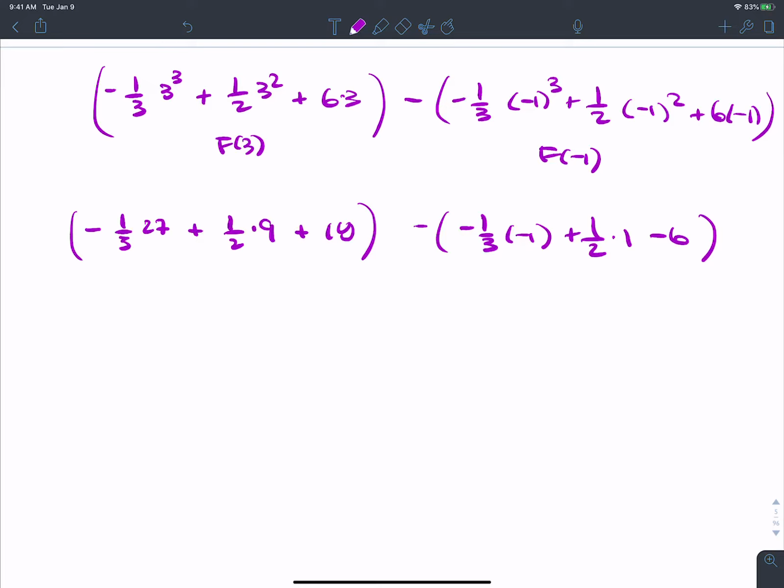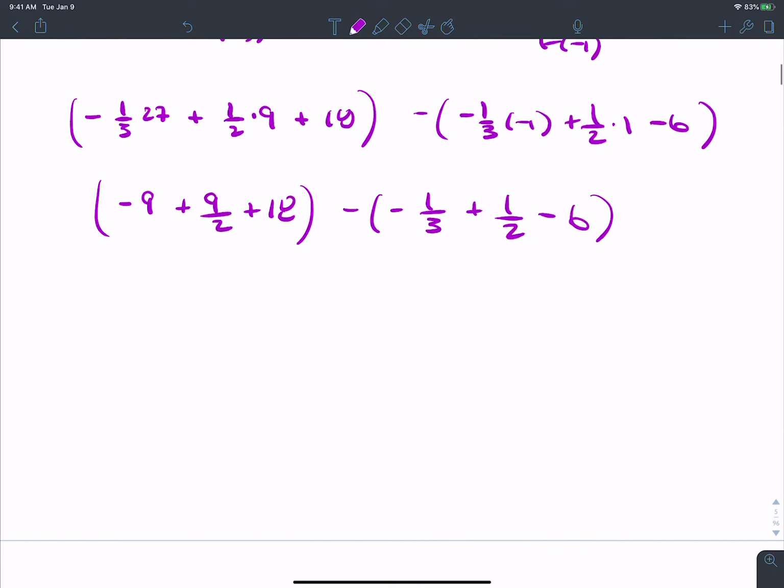So negative 1/3 times 27, we're going to get what? Isn't that negative 9 plus 9 halves plus 18 here, minus negative 1/3 plus 1/2 minus 6. Now, at this point, I might recommend you have 9 plus 9 halves. Just simply, if you like, distribute over here, right? So it's plus 1/3 minus 1/2 plus 6.